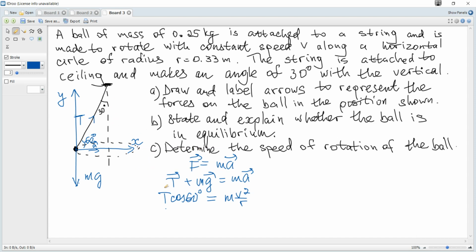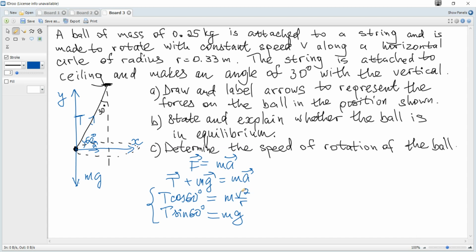So it becomes the component of T on the y-axis. The hypotenuse is the magnitude of this force, T, and we need the opposite leg, so it's sine 60. So it becomes T multiplied by sine of 60. mg is parallel but in the opposite direction, so minus mg is equal to 0. Or we can move mg to the right, and it becomes T sine of 60 is equal to mg.